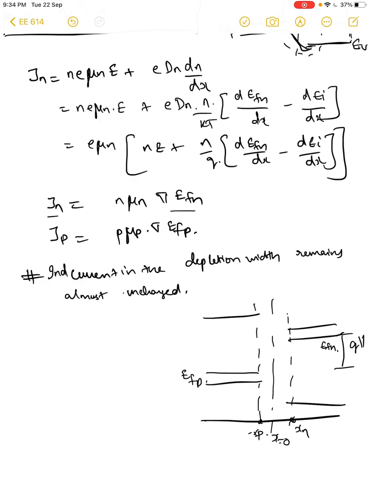So the Fermi level in the depletion width remains flat on both electron and the hole side, right? So this makes us find an expression for the electron density at this point at x is equal to minus xp, right? Because we know the expression.